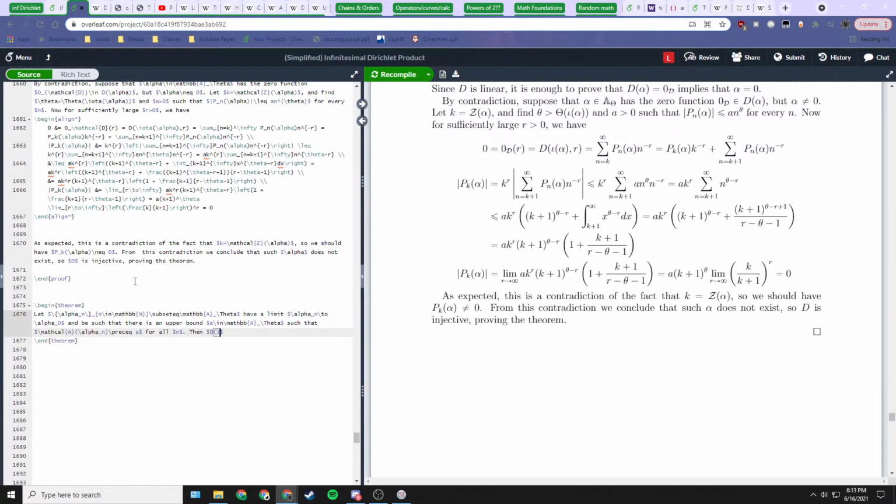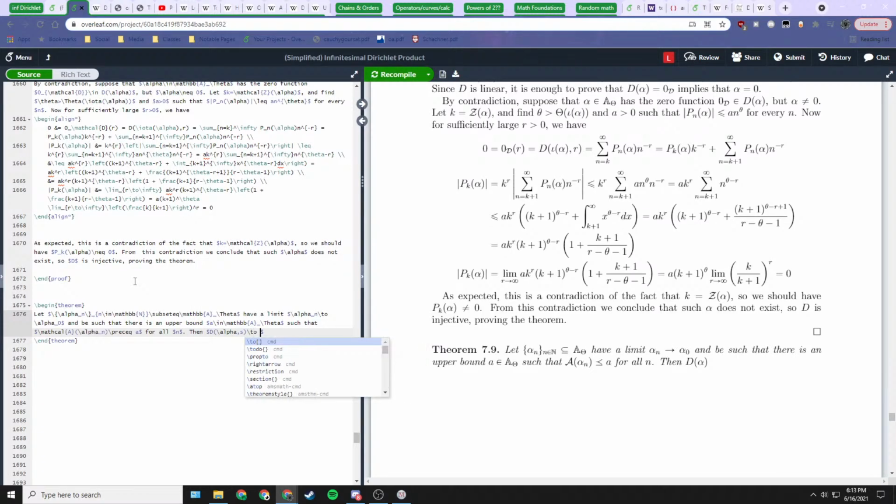Then d alpha, I guess we need a topology, don't we? If we want to do that. We'll just say d alpha n s goes to d alpha s. We will have to give it a topology, I think.